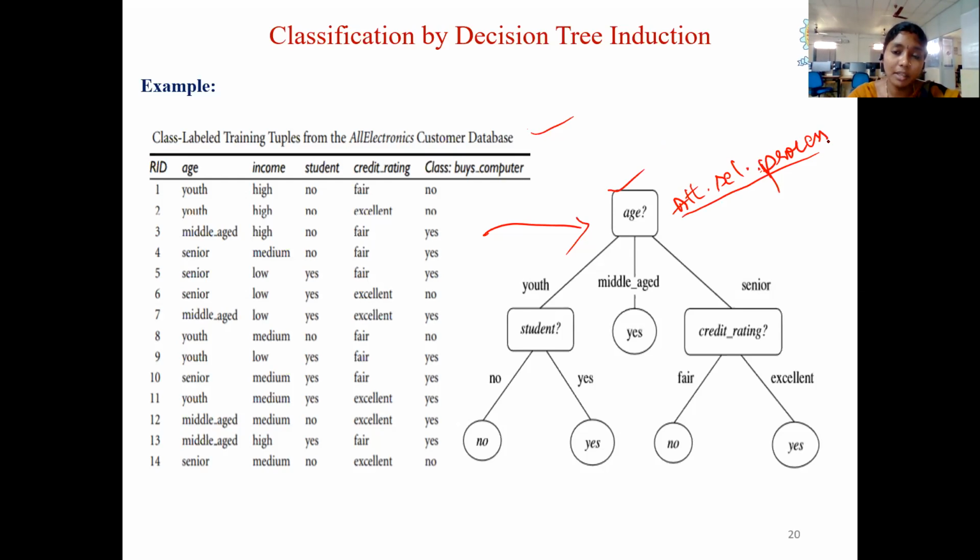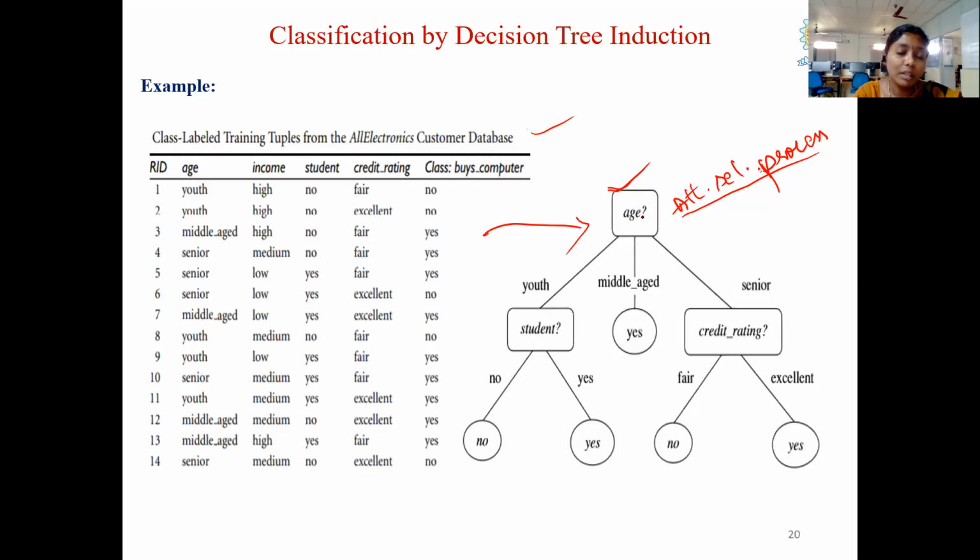Some of these methods are covered in the latter part of the presentation, maybe today or in the next class. Based on the result obtained from that process, we need to select one of the attributes as the root attribute.